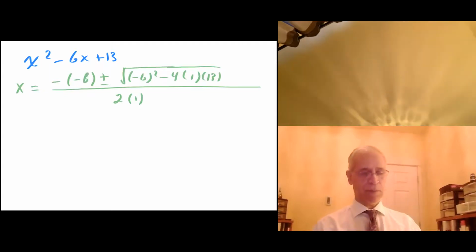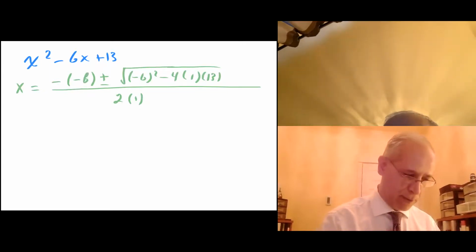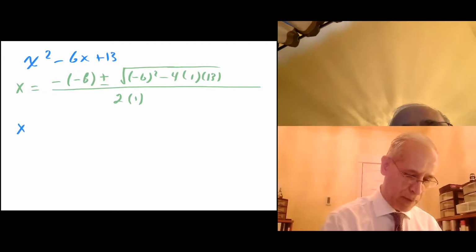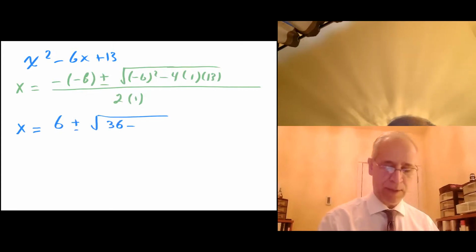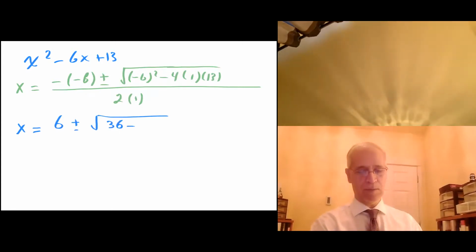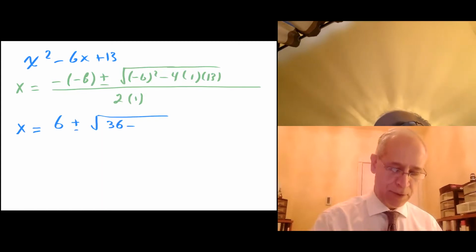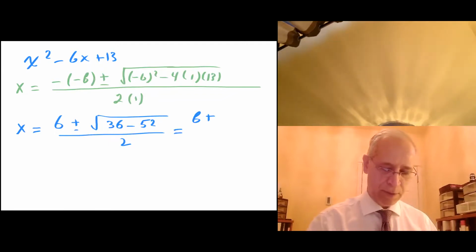So now x equals positive 6 plus and minus the square root of 36 minus 4 times 13, which is 52, all over 2. That equals 6 plus and minus the square root of negative 16 all over 2.